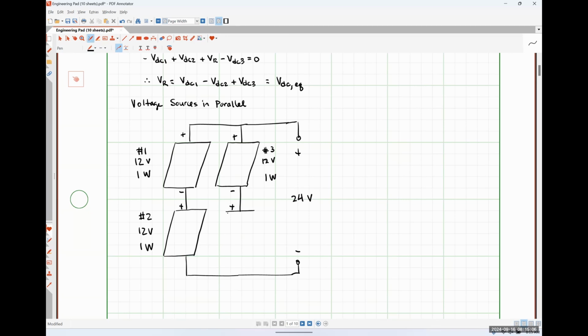And here's a 4th solar panel, also rated for 12 volts and 1 watt. Okay. So the voltage drop across those open circuited terminals on the right-hand side would still be 24 volts according to Kirchhoff's voltage law, right? So why would we ever add that second string of panels in parallel like that?